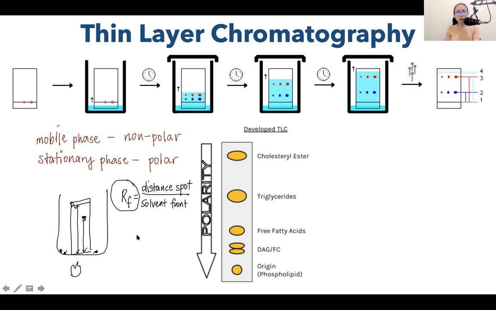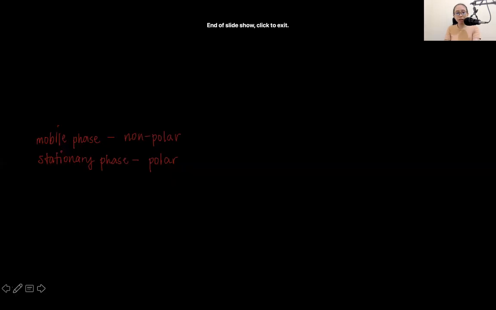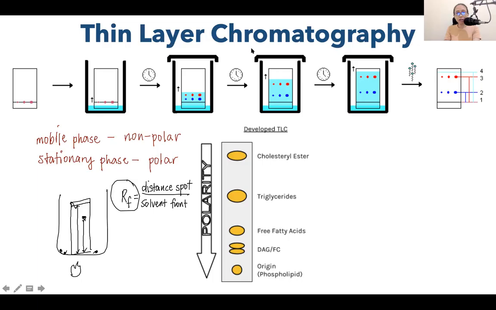That's your Rf. Then you compare the Rf of your sample with the Rf of your reference. Whichever is closest, most likely that's your compound, it could be a phospholipid or cholesterol. That's for thin layer chromatography.